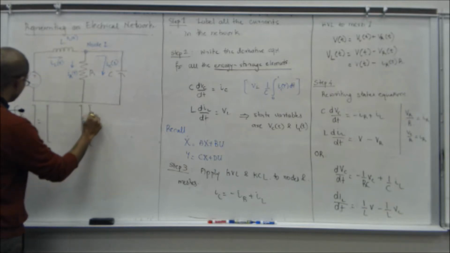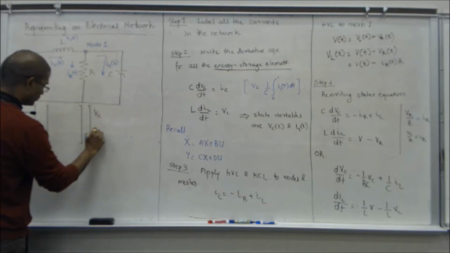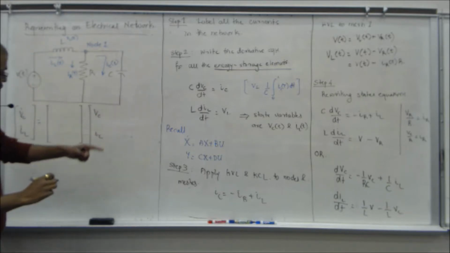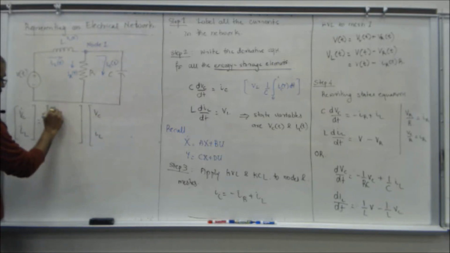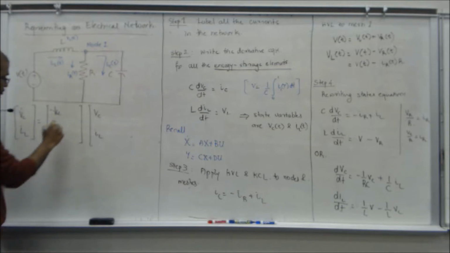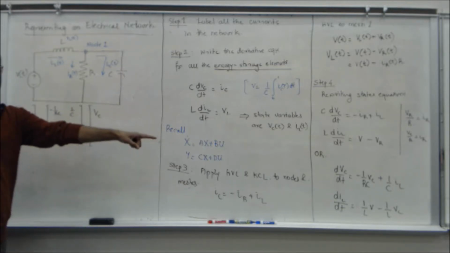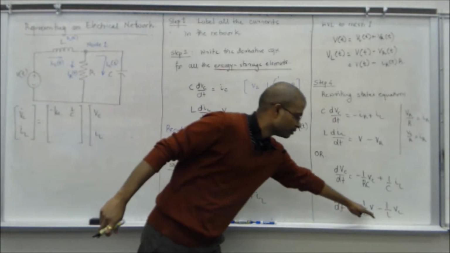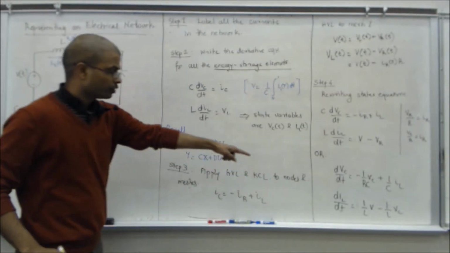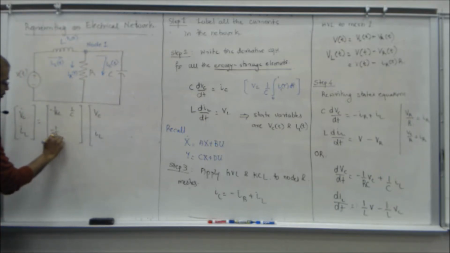Can you tell me what is A? Negative 1 over RC, 1 over C. So this is the input, right? So you just have negative 1 over L, 0.